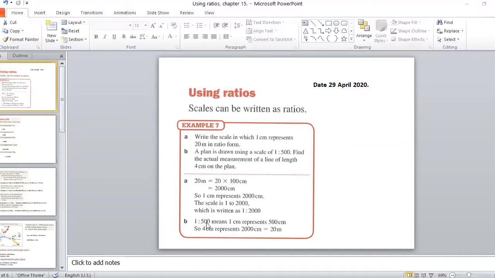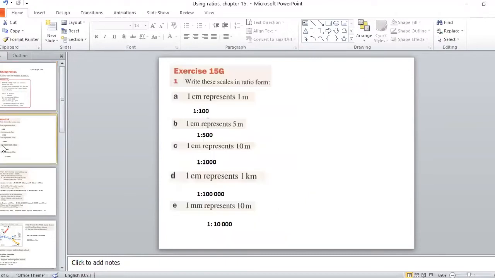We said before that 500 equals 500 centimeters, implying 2000 centimeters, and 2000 centimeters is converted into 20 meters in order to show its actual measurement.